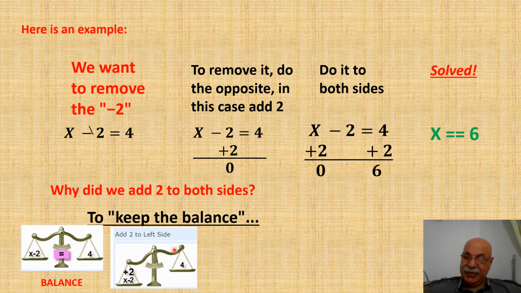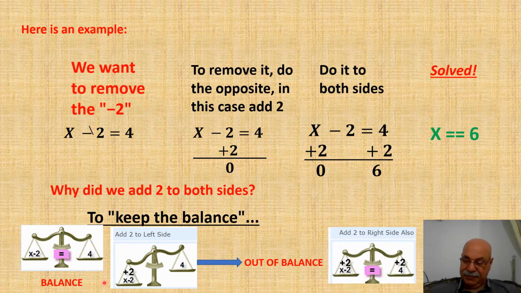That's why you see it is not balanced. Out of balance. Here it is exactly balanced because I added 2 to both sides, plus 2 here and plus 2 here. That's why the scale is now balanced.